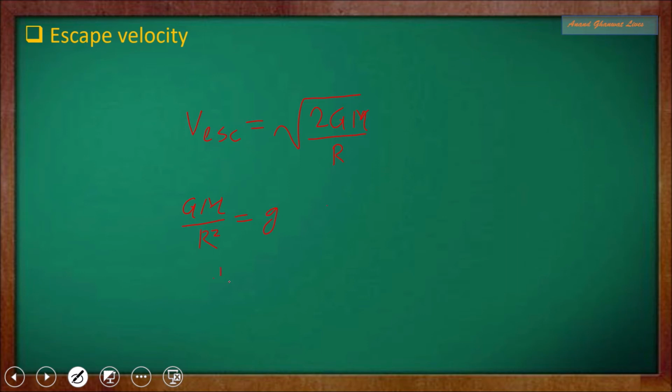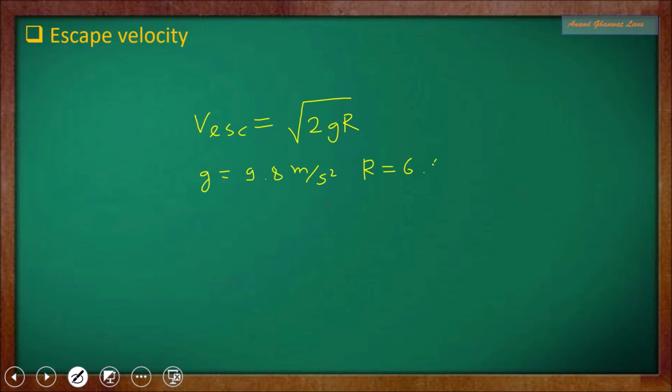Therefore, escape velocity is equal to under square root of 2 into GM upon r square into r. It is equal to under square root 2 into g r.